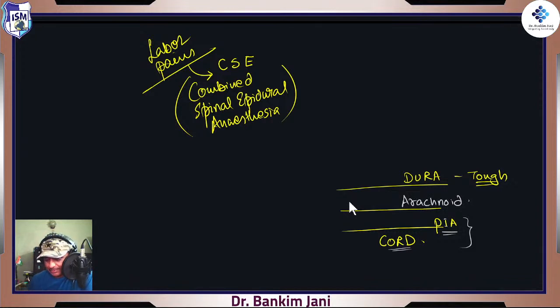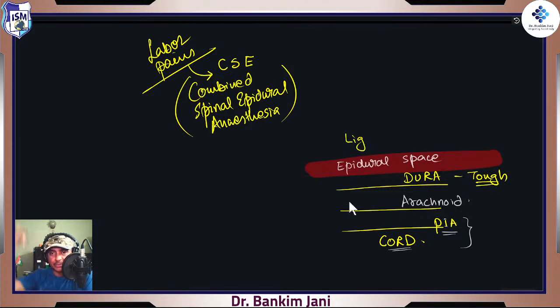Now starts that particular space. It is this space which we are interested in. And that space is what is called as the epidural space, right? And then starts all the external structures. So this is ligamentum flavum, yellow color.